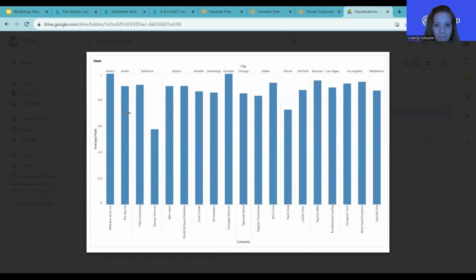Good. So I was checking whether the payment of the companies depends on the region itself or on the companies. It might be affected by the cost of living for a specific region. But it doesn't seem like this, because I don't see too much variety, except George Services, which has the minimum paid, and on top of it, Quick Stop.